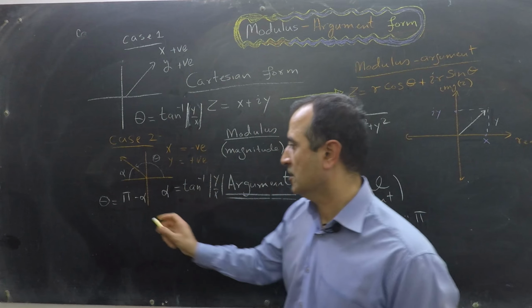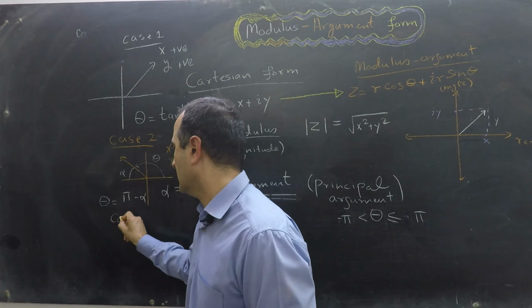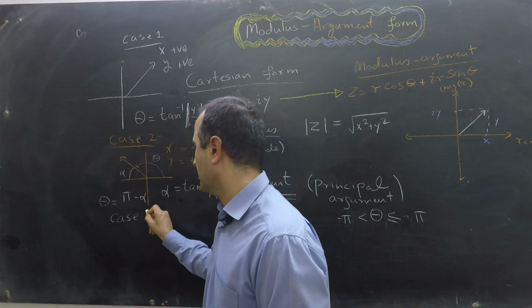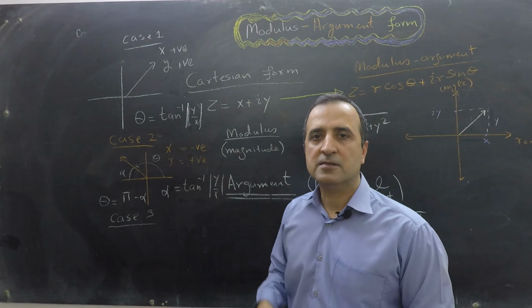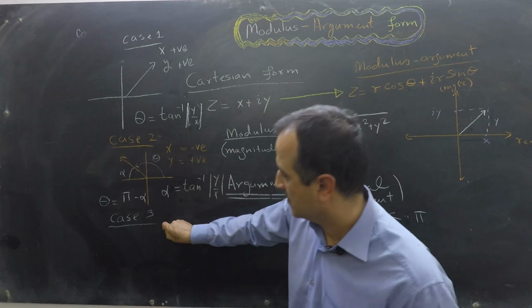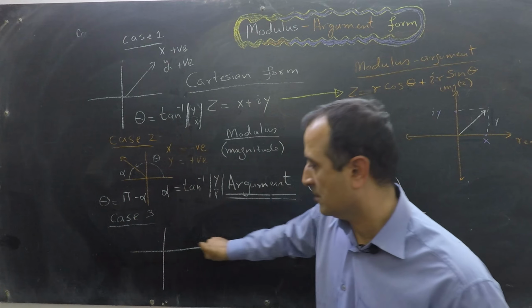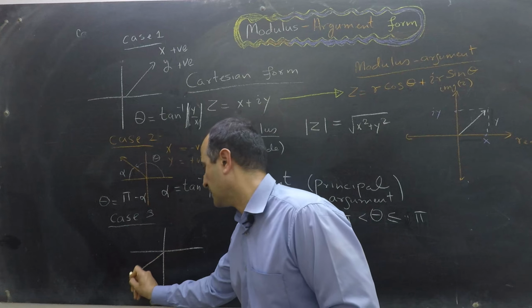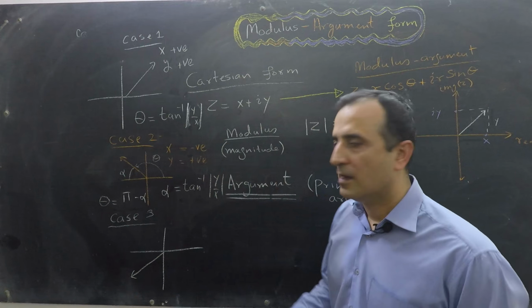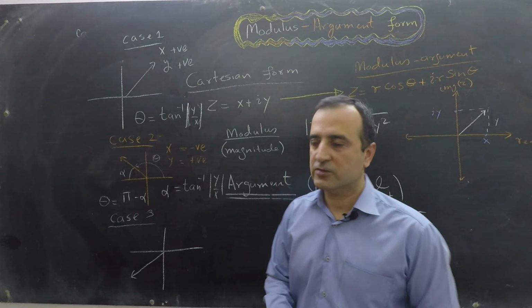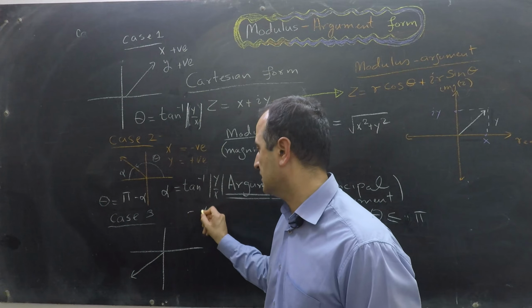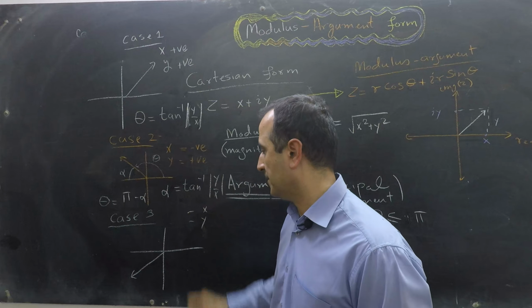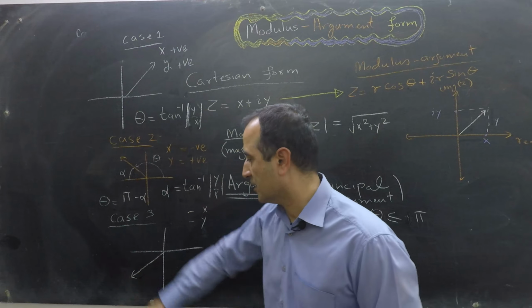Now let's do case 3. In case 3, my position vector is in the third quadrant. So my position vector is here. In case 3, x is negative and y is also negative. So I have negative x and negative y, and my position vector is in the third quadrant.